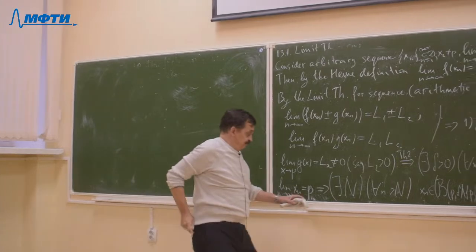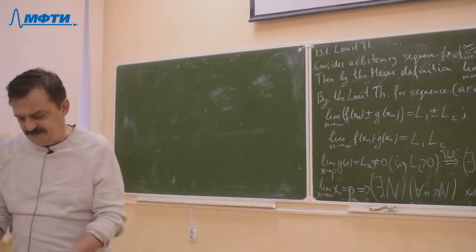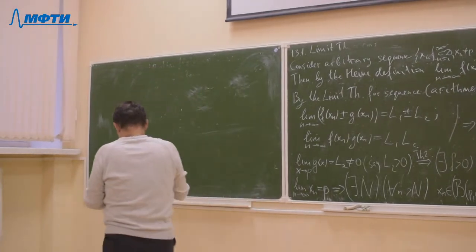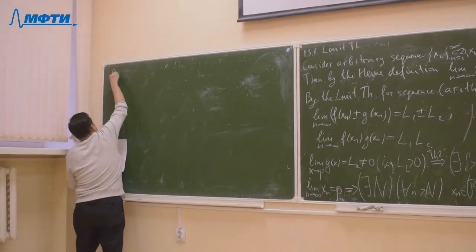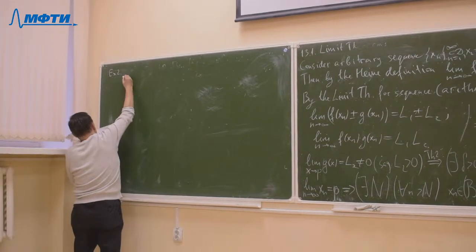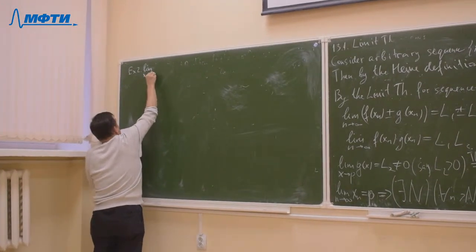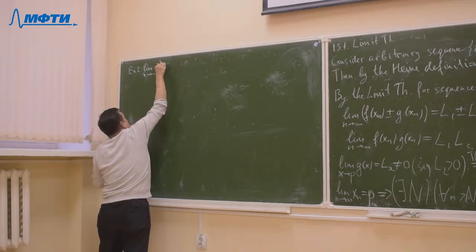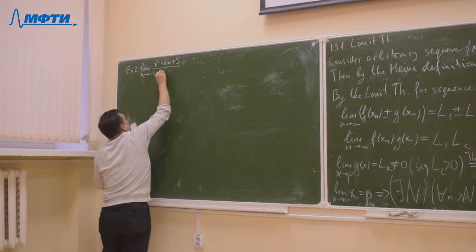In fact, I considered a similar example just after the definition, but now it is even better. So, example 2, the limit as x tends to -1 of x squared plus 6x plus 5 over x plus 1.